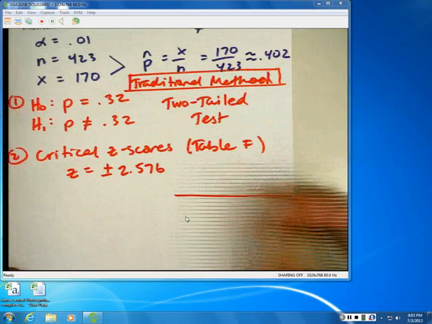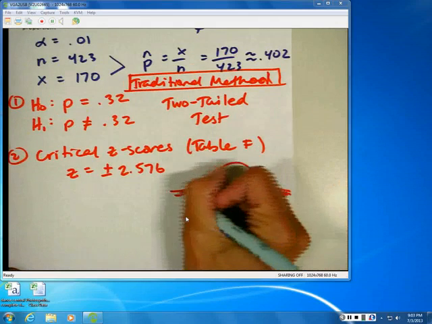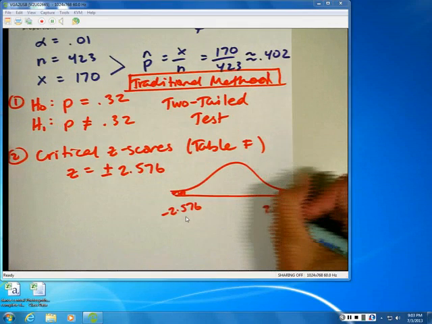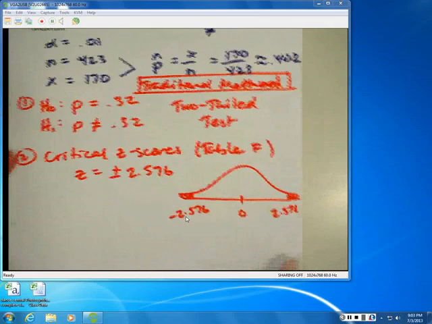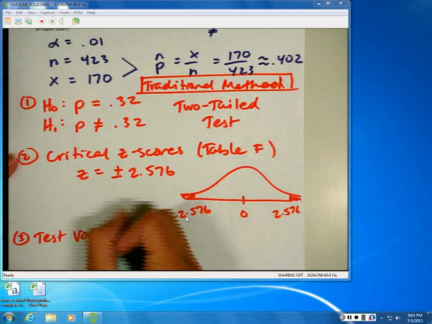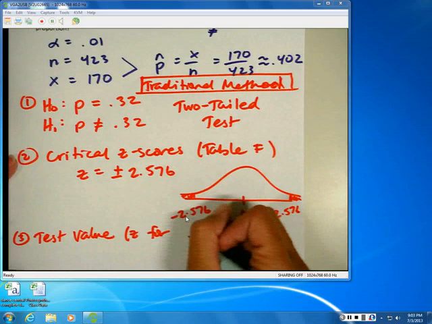Remember, this is a two-tailed test. I have a rejection region there and a rejection region here, so I need two cutoff scores. One is negative and one is positive. There are my z-scores. Okay, step number 3 is the test value, which is the z-score for my sample proportion.